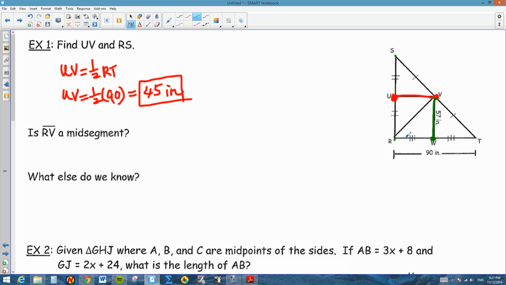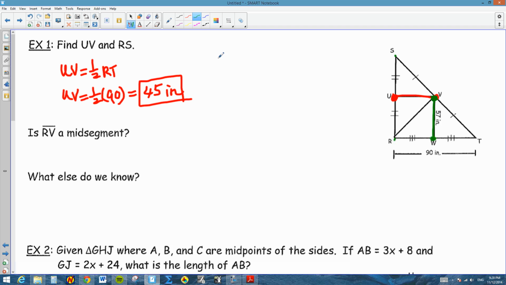Since U is the midpoint of this one, V is the midpoint of ST, and W is the midpoint of RT, because you can see the tick marks are the same, this by definition is the midsegment of this triangle. So therefore the length of that must be half of that.